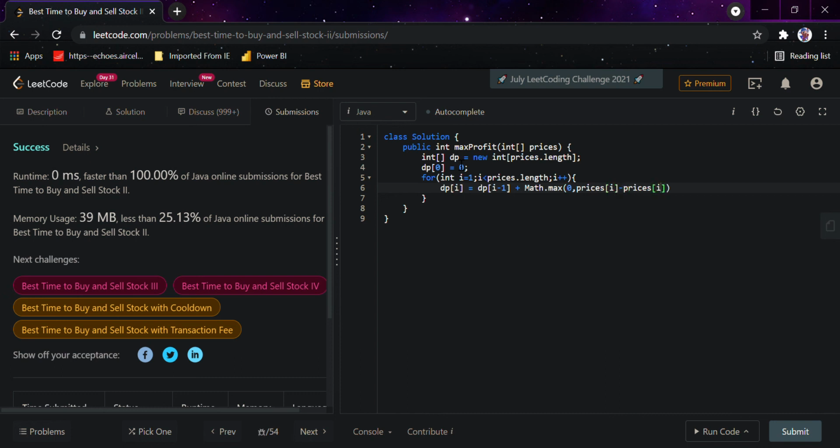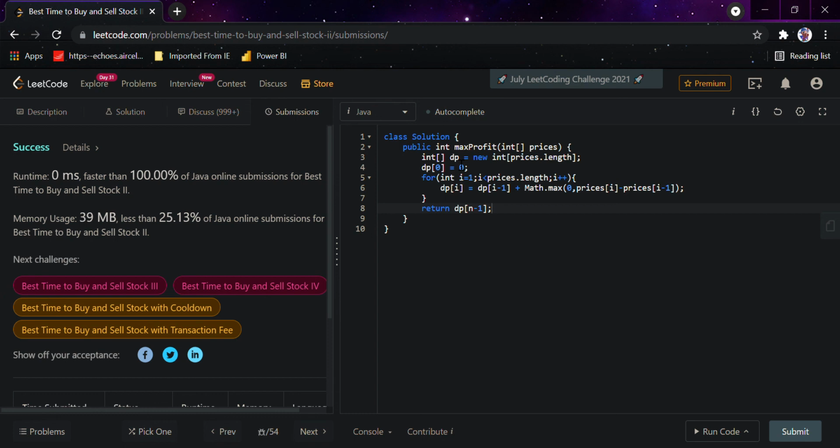Yeah, so basically this concept is a bit similar to the previous question, and we would simply return dp[n minus 1], because we are returning the last element, since that is where our whole profit would be calculated.